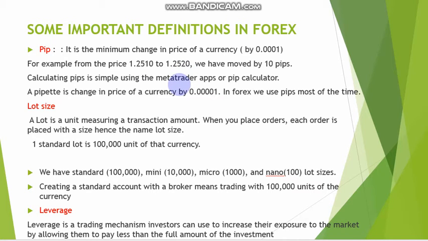Now what is a pip? A pip is the minimum change in price of a currency, so 4 decimal places, exponent -4. So we have the first decimal place 2, 5 is the second, 2 is the third. So this 20 here, we have moved from 10 to 20. We have moved 20 pips from the original price, the original price of 2510 to 2520.